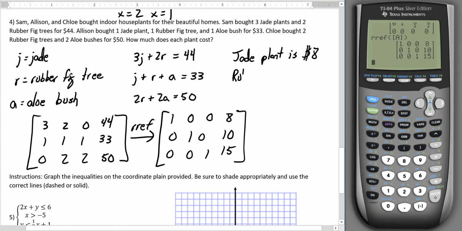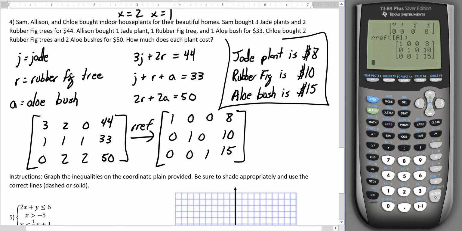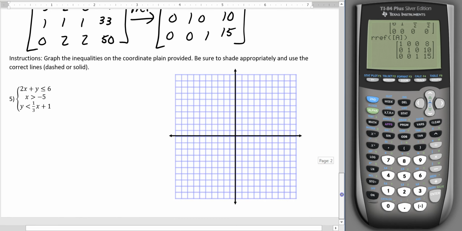Rubber fig tree is $10. And then the aloe bush is $15. There we go. Not bad at all.